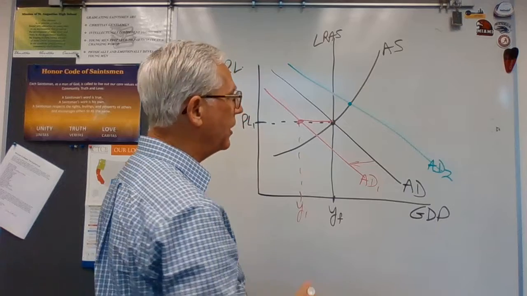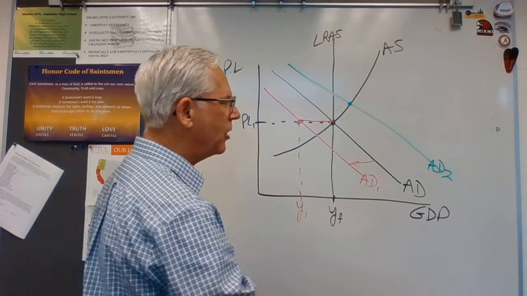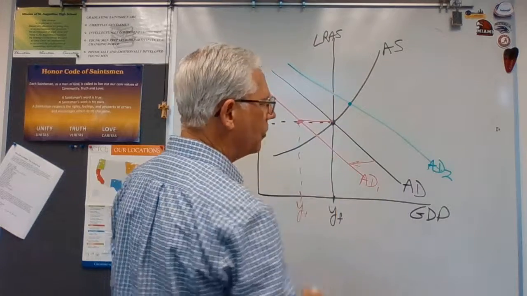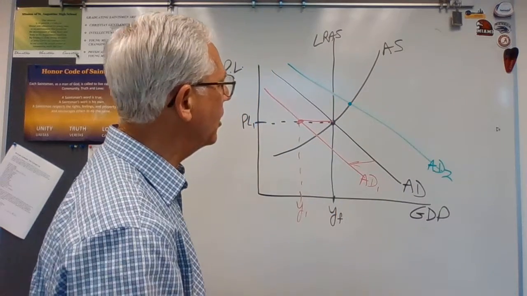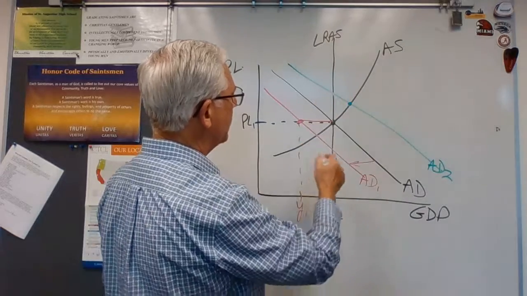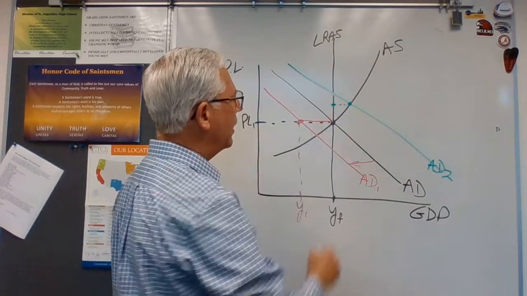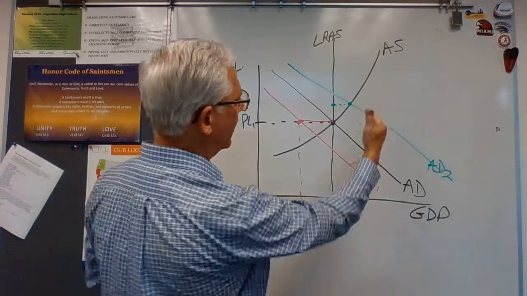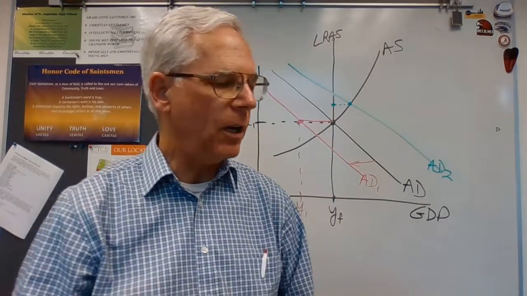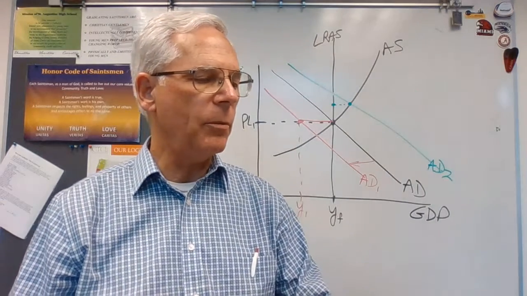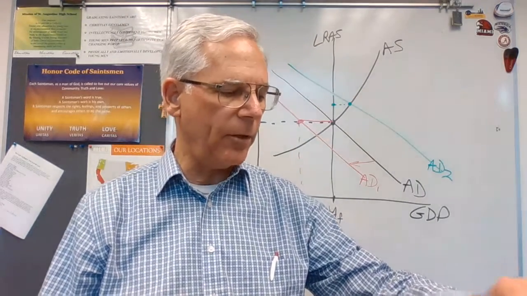It would be an inflationary time, and we would need contractionary fiscal policy to try to move us back to full employment output, long-run equilibrium. We would probably wind up with some inflation. Hopefully we'd be able to come back here and get back to that point, shifting AD back a little bit with contractionary policy, which would be raising taxes or reducing government output, government spending rather.